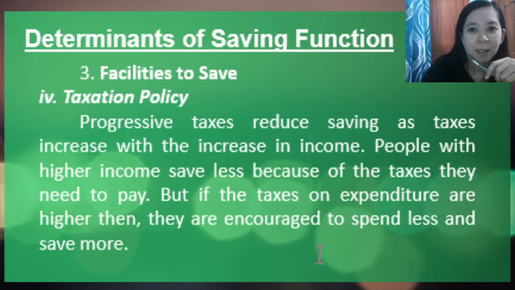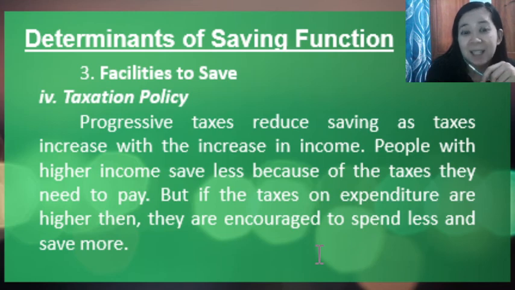Okay, the fourth factor for the facilities to save is the progressive taxes. Progressive taxes means the higher the income, the higher the tax. Because of this, it reduces the savings as taxes increase with the increase in income.